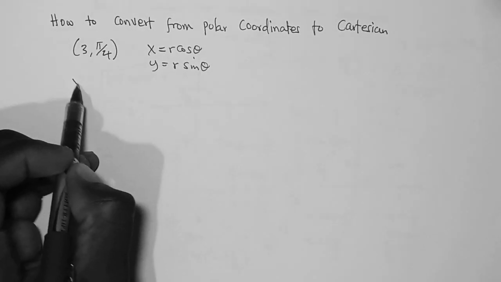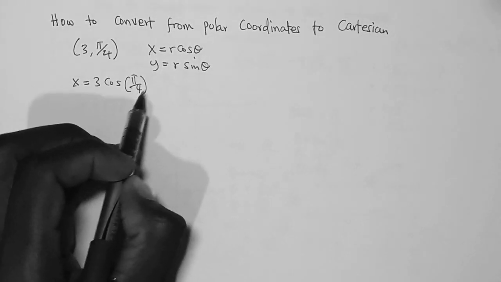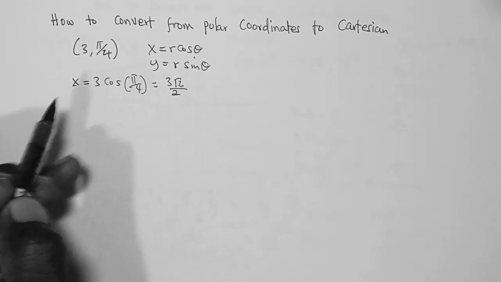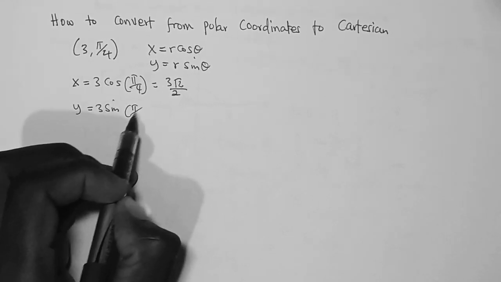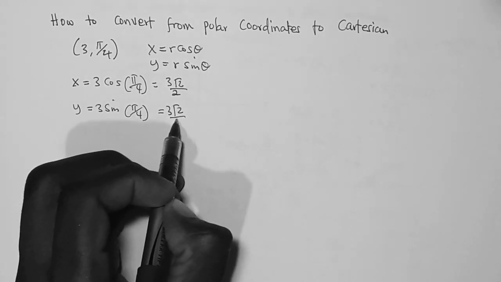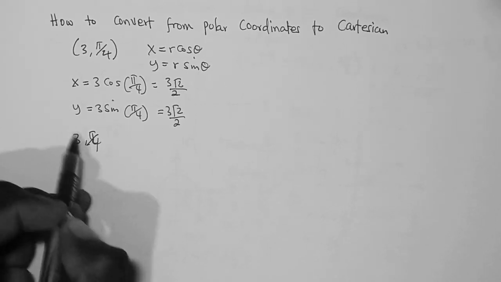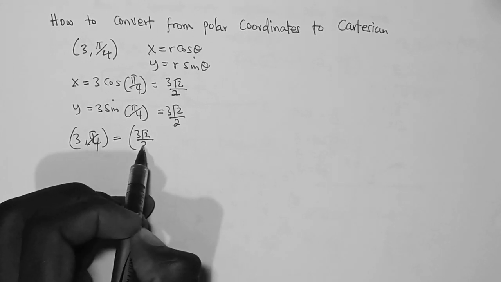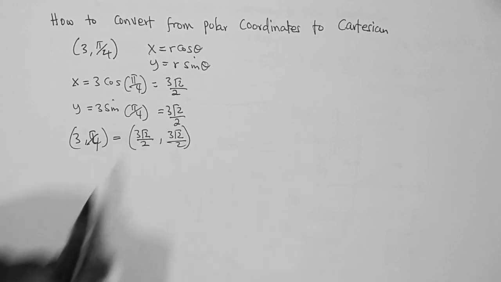So this is just going to be x equals 3 cos pi over 4, and this is the same as 3 root 2 over 2. And then y is equal to 3 sine pi over 4, and 3 sine pi over 4 is 3 root 2 over 2. And therefore 3 and pi over 4 in polar coordinates is equal to 3 root 2 over 2, then 3 root 2 over 2 in Cartesian coordinates.